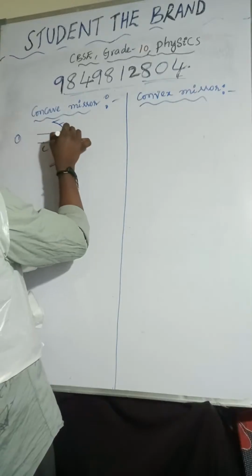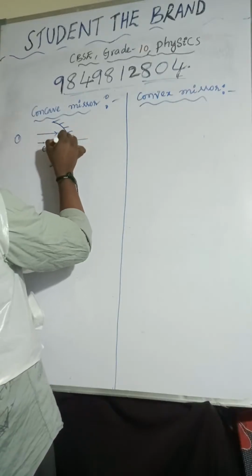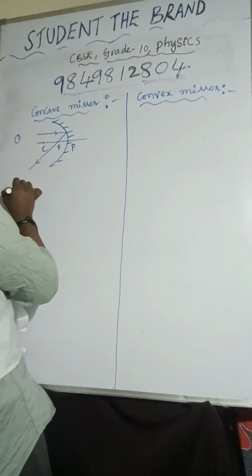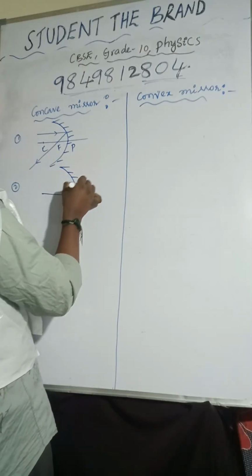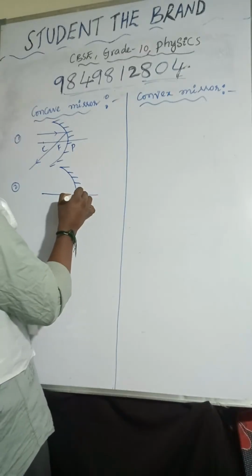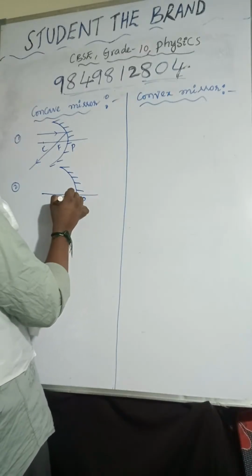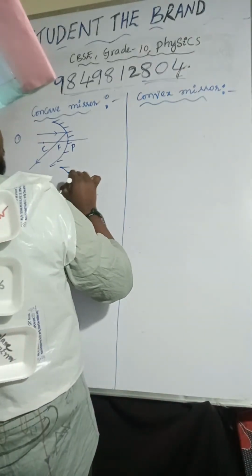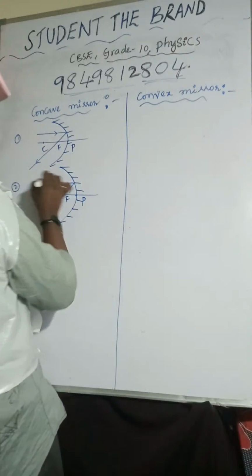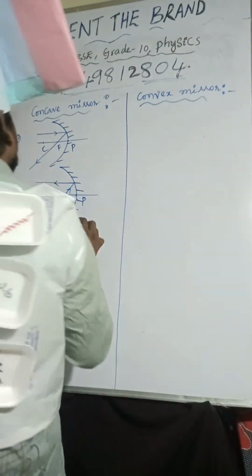Here one light ray I am taking. After reflection, the light ray passes through focus. Second one: a light ray passing through focus, after reflection, moves towards infinity.